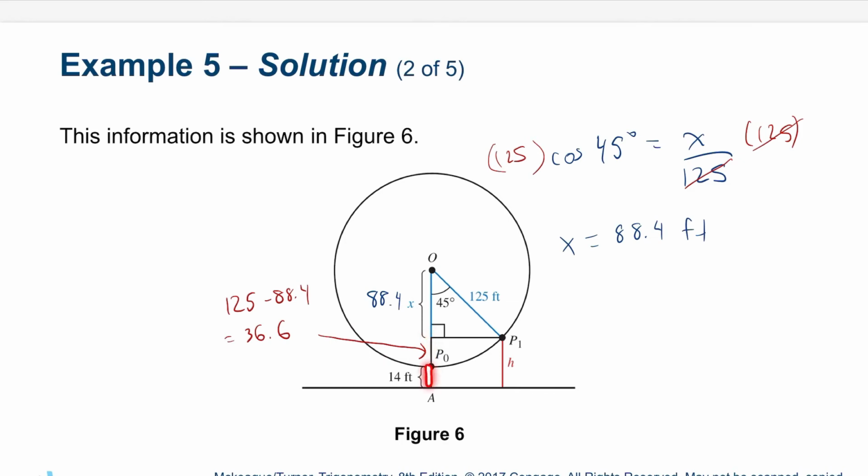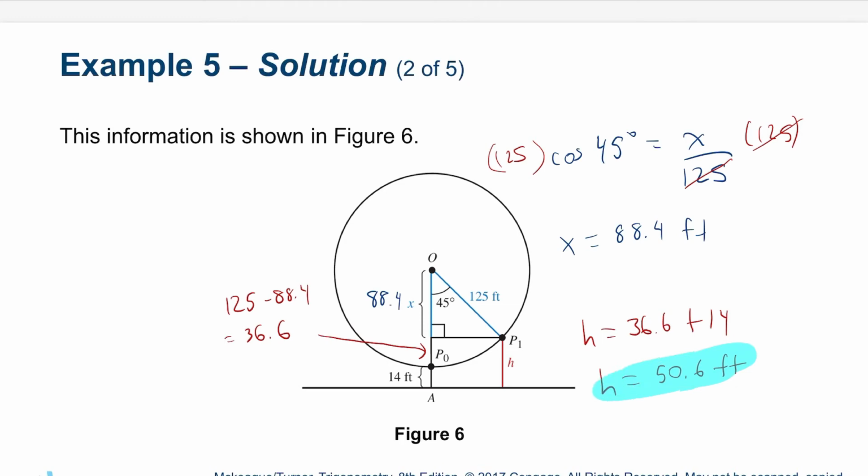And since this piece is 14 and this is a rectangle that has opposite sides congruent, the distance from here to here is equal to the distance from here to here. So now all we have to do is add 36.6 to 14, and that'll be h. So h is equal to 36.6 plus 14, which is 50.6 feet.